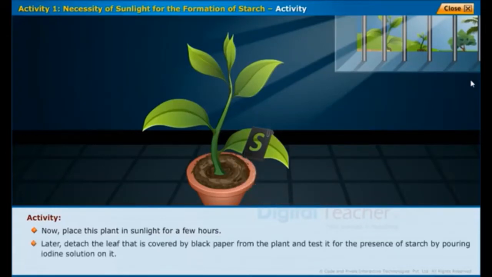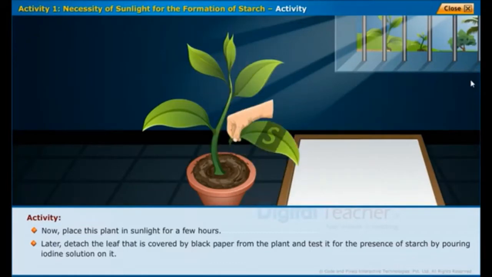Later, detach the leaf that is covered by black paper from the plant and test it for the presence of starch by pouring iodine solution on it.